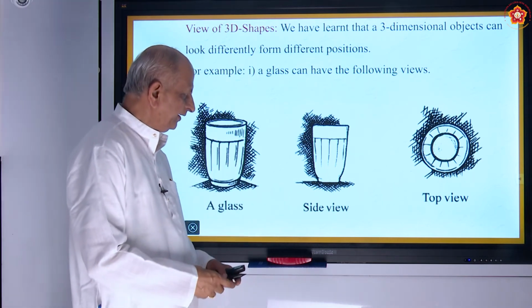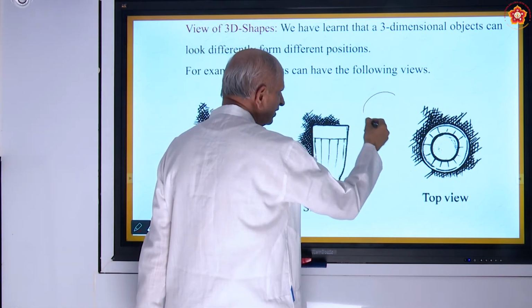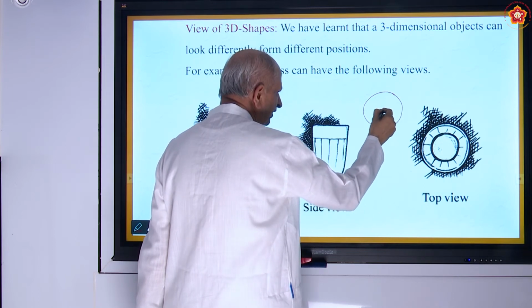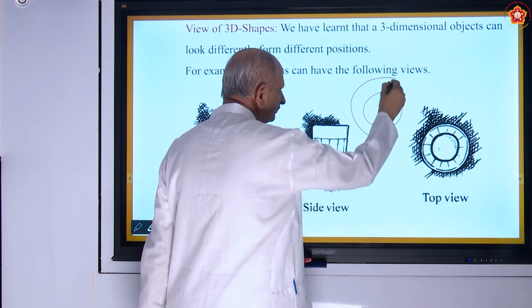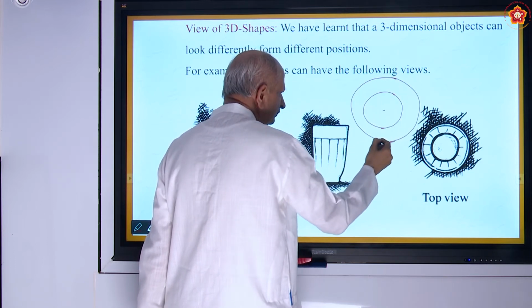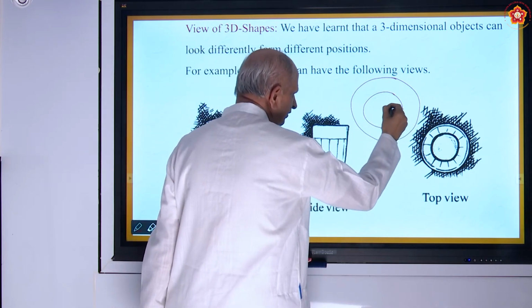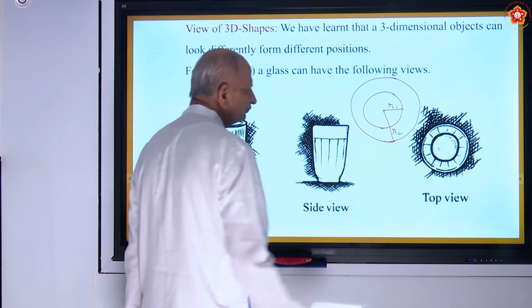What will be concentric circles? Concentric circle means circles having the same center with different radii. Center is same. So here radius is different. This is R1, this is R2.